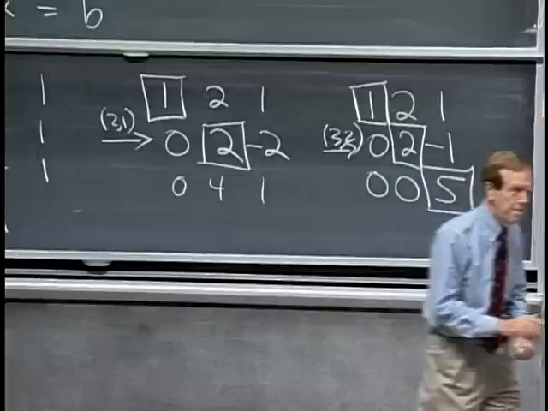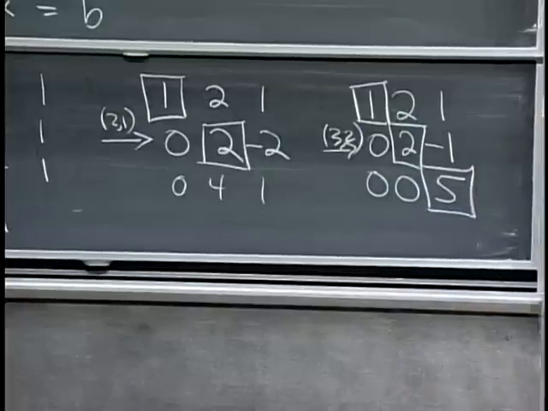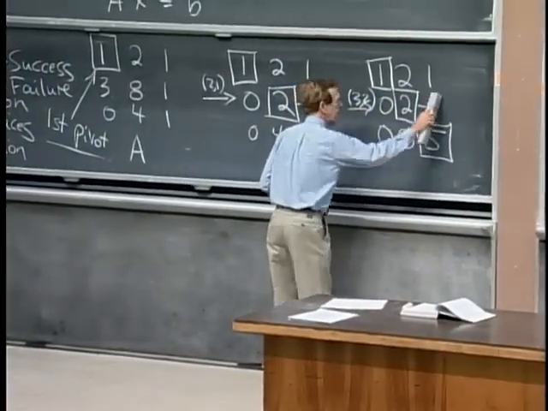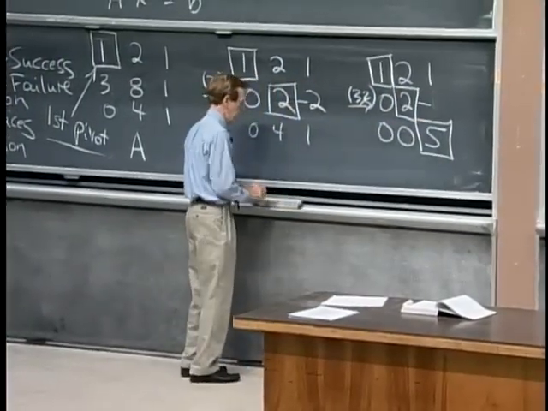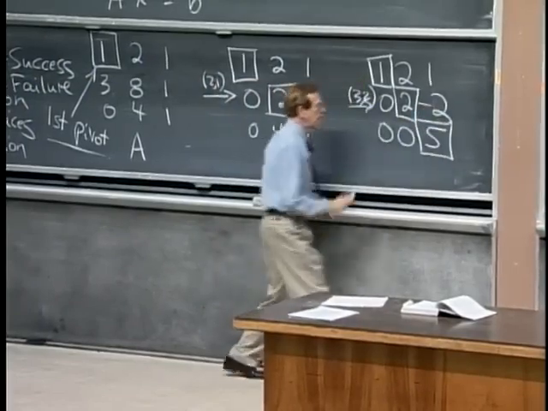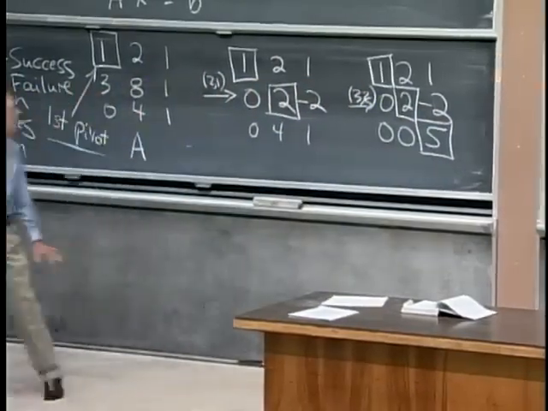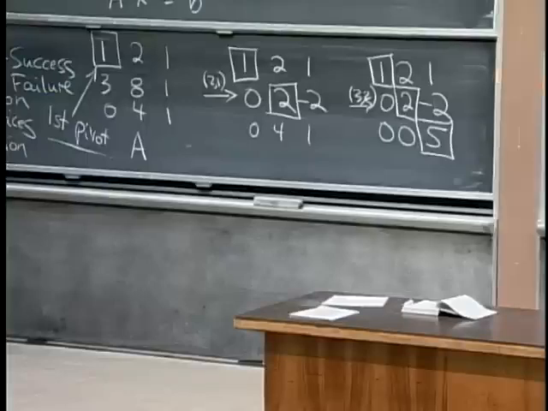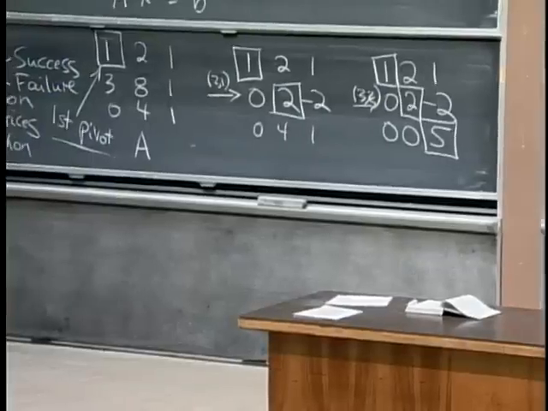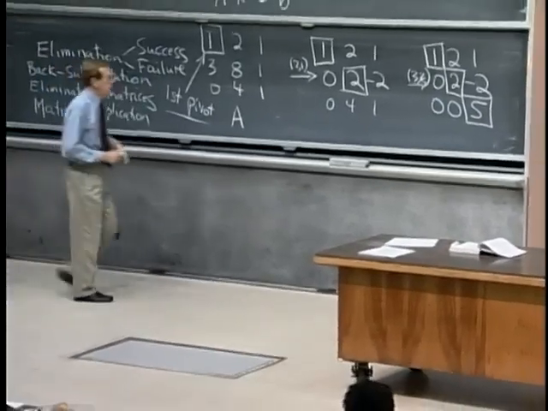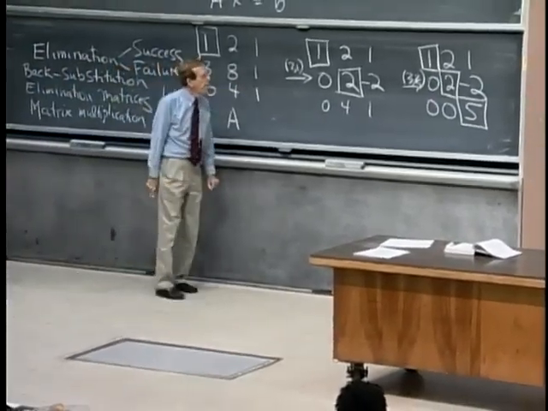I'm sorry that the tape can't correct that as easily as I can. Okay, thank you very much. You get an A in the course now. Is that correct? Is it correct now? Okay. So the 3 pivots are there.